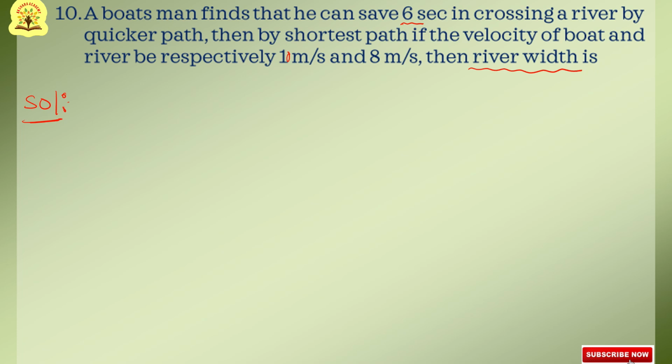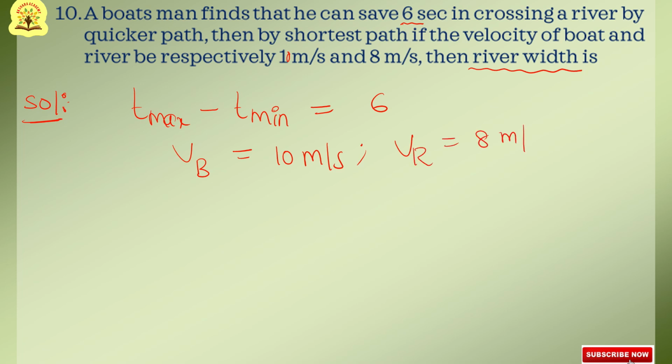Here they given the difference between the shortest path and the quicker path is 6 seconds. So T max minus T min is equal to 6 seconds. Velocity of boat is given as 10 meters per second and the velocity of river is given as 8 meters per second.